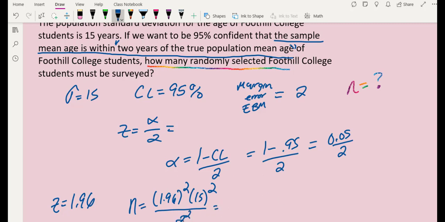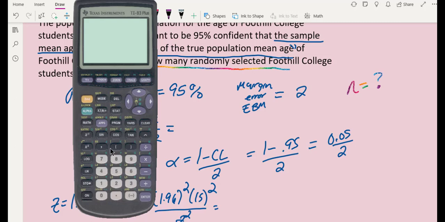Plugging this all into our calculator at one time: parentheses 1.96 squared, times 15 squared, which is 225, and we divide that by 2 squared, which is 4.